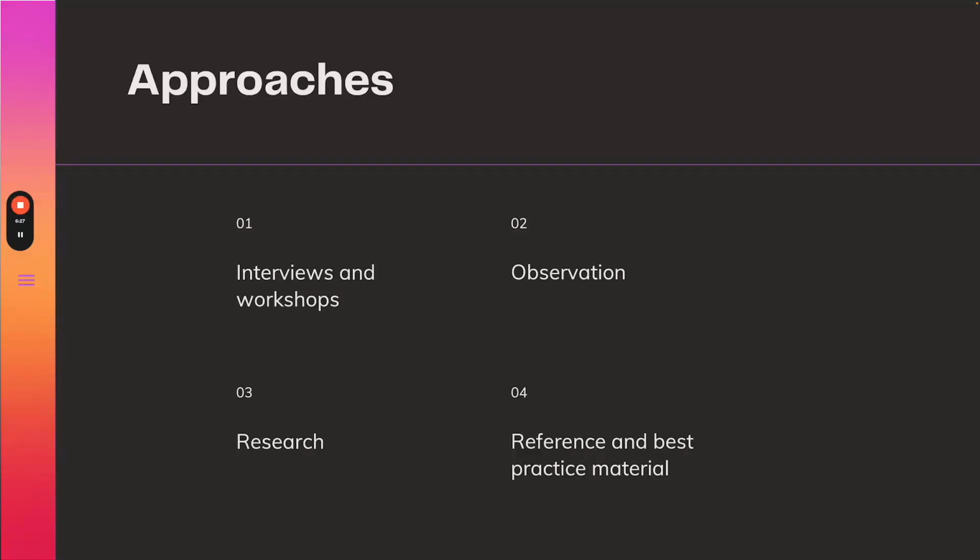So what sort of approaches can we take to defining these processes or understanding the rules that we want to implement, understanding the challenges we're trying to solve? Well, there are several approaches that you can use to get to this point, and these are firstly and foremost interviews and workshops. And this is simply working with someone who either knows the subject matter or who performs or has performed the task or process in the past.